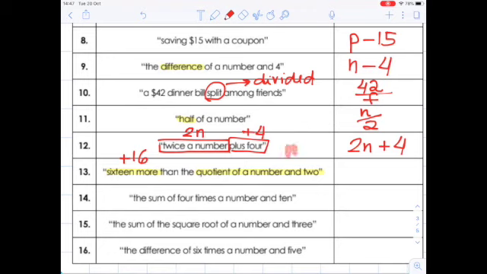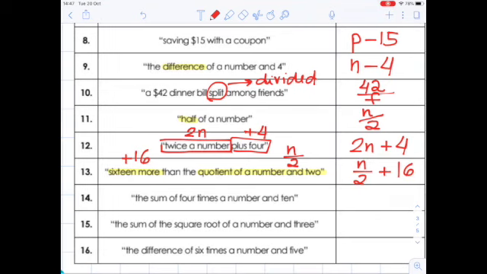So of a number and 2. So you're going to have the quotient, the division of a number in 2. So you have 16 more than this. So you start out with this, and then you have 16 more than that. All right? Be careful with the order of the values you're placing in.